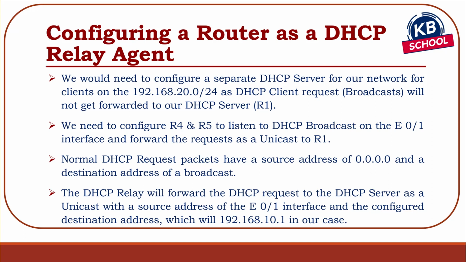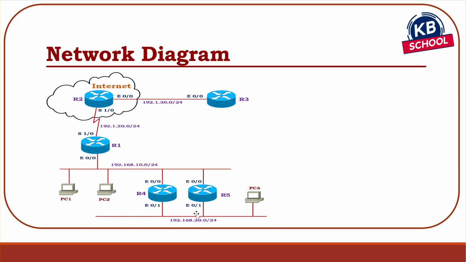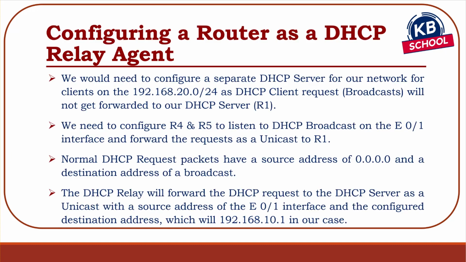That would basically mean that I would need to have a DHCP server for each segment. To avoid doing that, I'll configure my routers, in my case 4 and 5, to listen to the DHCP broadcast on E01, which is towards the clients. I don't need to worry about this side because the PCs are on the same segment. But on this segment E01, I'm going to listen to the broadcast and forward the broadcast to R1 as a unicast.